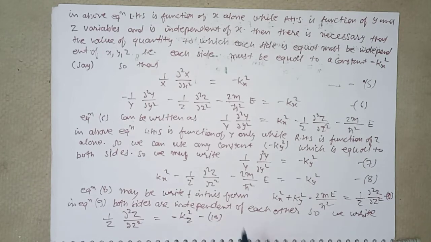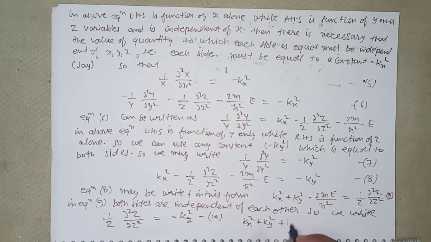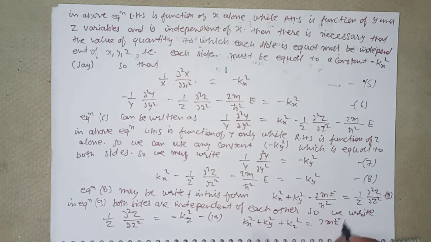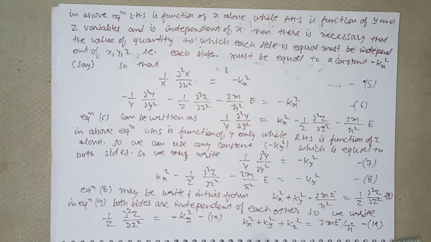Equation number 10. और kx square plus ky square plus kz square is equal to 2me by h cut square. इक्वेशन नंबर 11. स्क्रीनशॉट ले लीजिए, फिर बढ़ते हैं आगे.